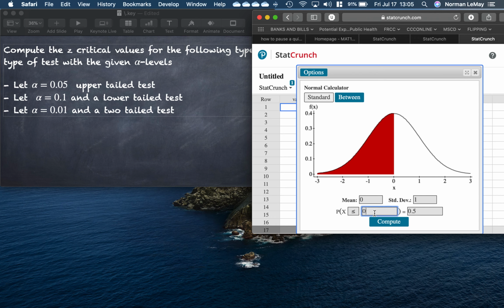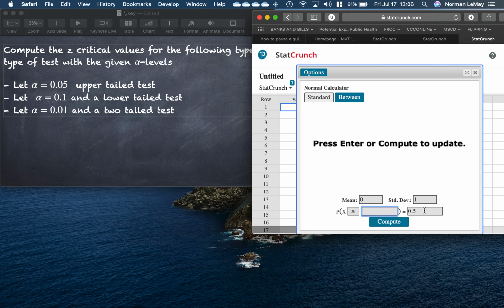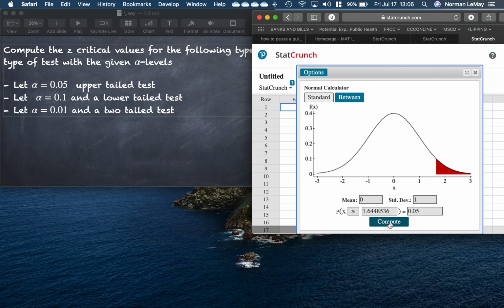Since it's an upper tailed test, this would match the alternative hypothesis. I'm going to clear this out, and I'm going to make this a 0.05. And then we'll click compute. Notice that this red area is the rejection region, and the fence line is right here.